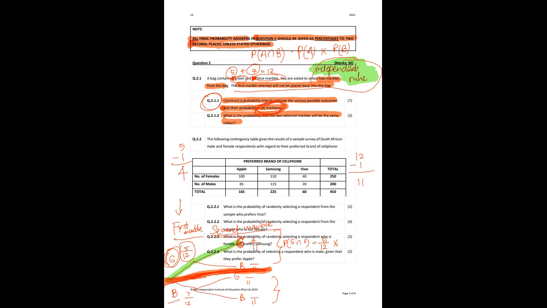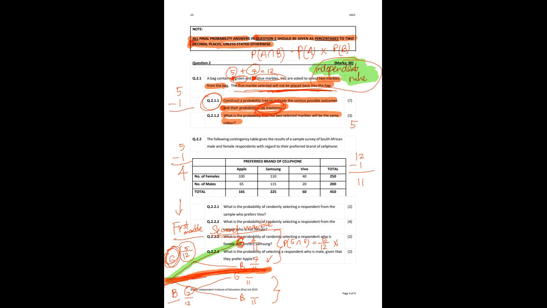Then the second part of it here at the bottom is if a person selected green the first time, so that was 5 green, that means that the blue had remained as is. It was still 7 blue, so that would be your numerator here. So as you can see, if a person selected green the first time and they did not place the marble back into the bag, then from 5 green, it went to 1 less, which was 4 green.